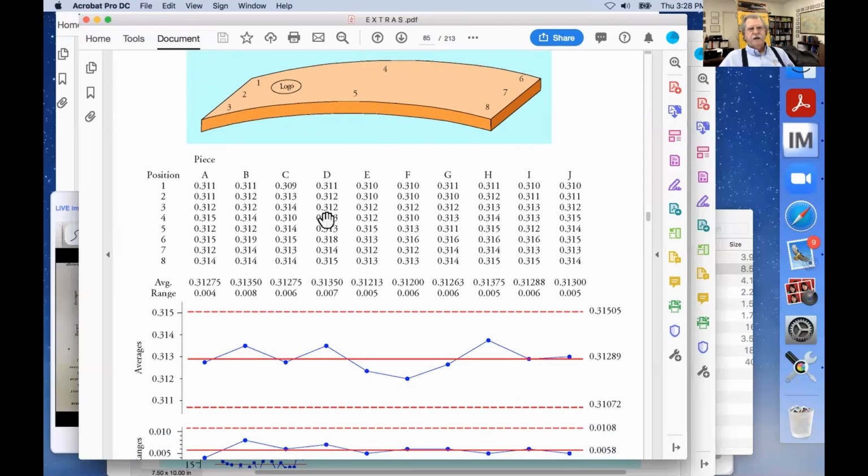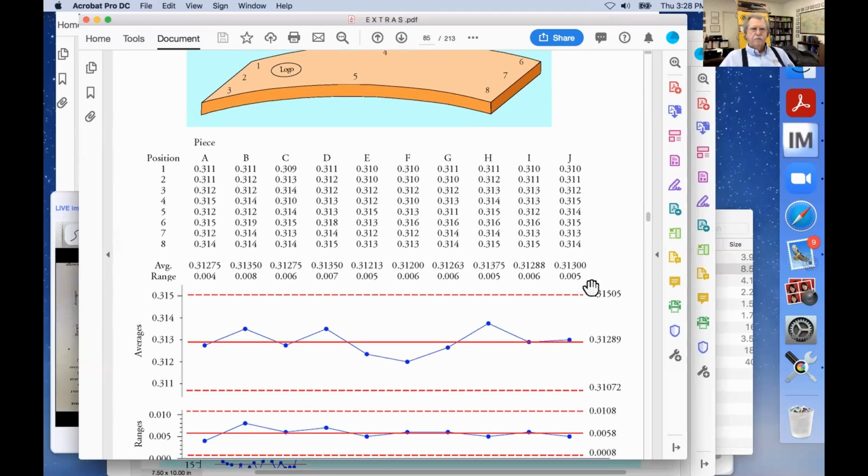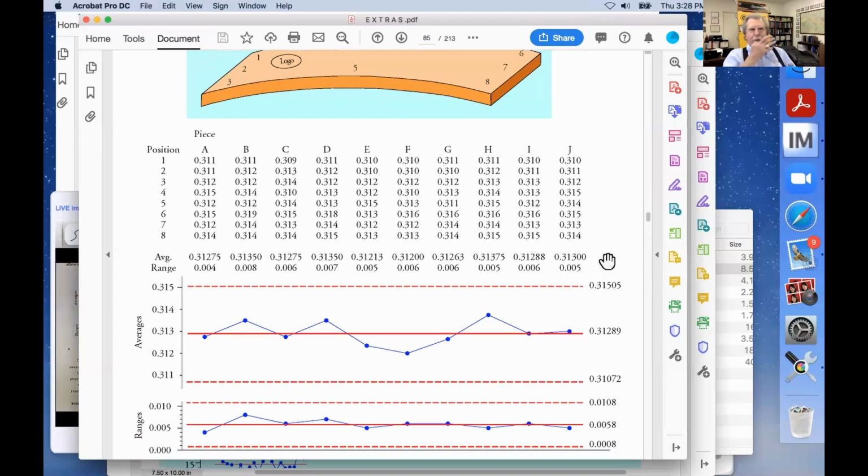So if we take these data and do 10 subgroups of size 8, we get this chart. Will this chart answer the question, is there a detectable difference between the average end thicknesses? No. Correct.